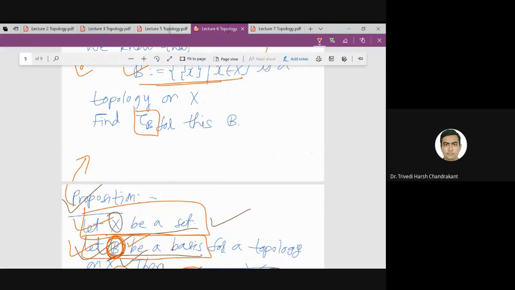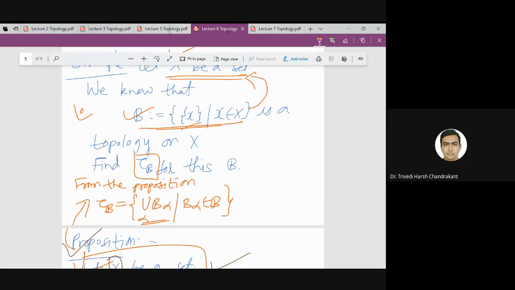So from the proposition, what is tau B? Tau B is nothing but the union of B alpha. This means all the unions we are taking, right? Where B alpha is an element of B. Now in this case, I know what the actual basis elements are.